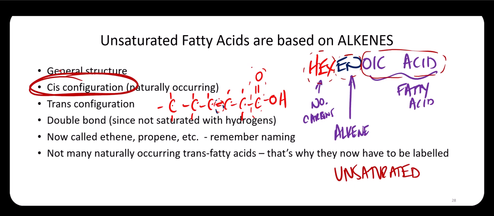So we have a double bond somewhere, that's what makes it unsaturated. Our ane becomes ene, or enoic. There's not many naturally occurring trans fatty acids, and that turns into a whole thing nutritionally. So Dr. Krabbe will talk about that in the nutrition class. There's a lot of physiological implications to eating those trans fatty acids.